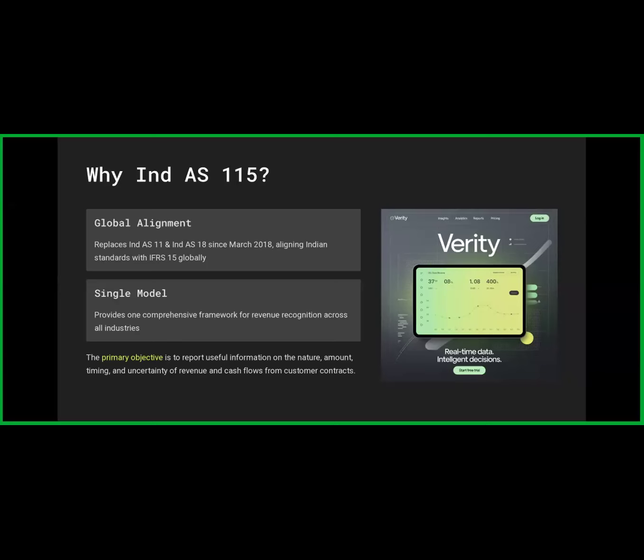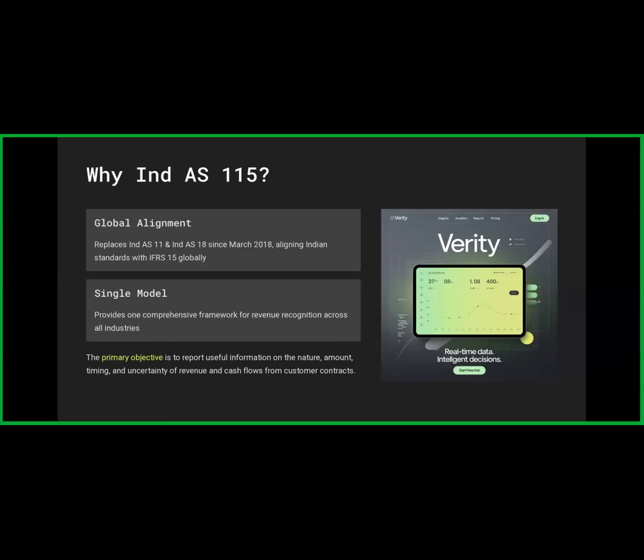Ind AS 115 was actually implemented in India from 1st April 2018. Before that, there were two standards, AS 11 and AS 18, that provided the guidelines on revenue recognition.